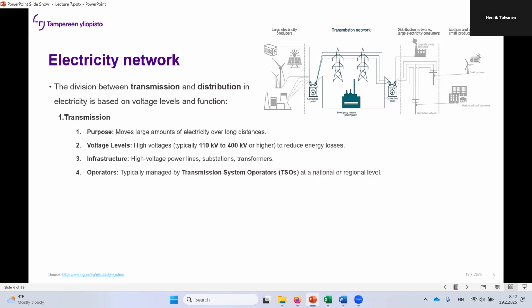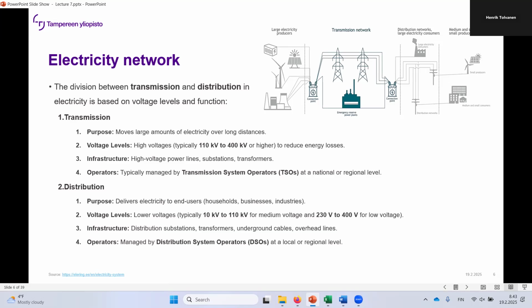And as you can see from the figure, there are usually large electricity producers connected to the transmission network that cover pretty much the main load of the production. In the distribution network, you can have small producers also feeding electricity to the network.